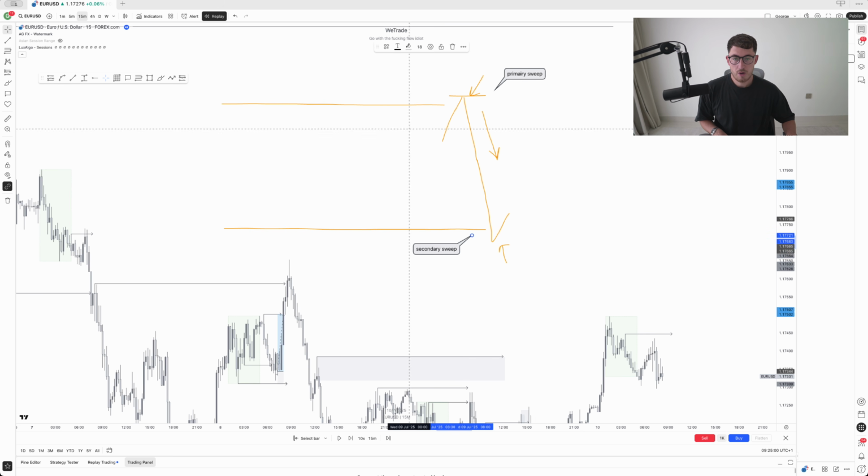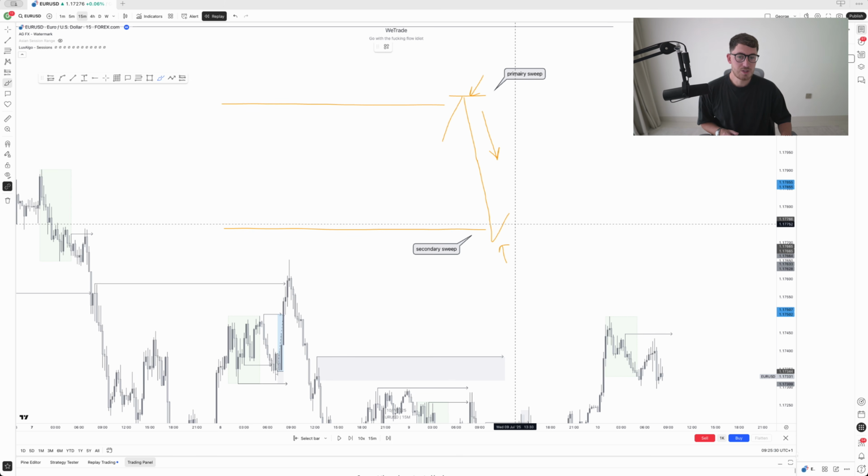So we have the primary sweep, which is that initial run of liquidity for the day, and it has the intention of creating the move. We then have the secondary sweep, which if we understand and can identify, our expectation should be that this is going to allow for people to exit their positions, right? They use liquidity to get in, they use liquidity to get out. But this secondary sweep is unlikely to create, there's a caveat to this which we'll get into, the same reaction as a primary sweep.